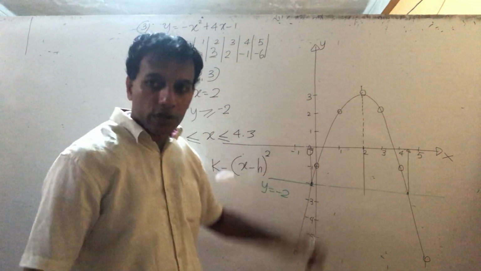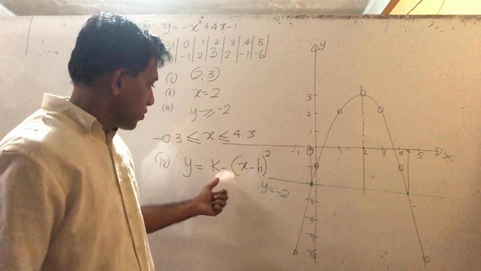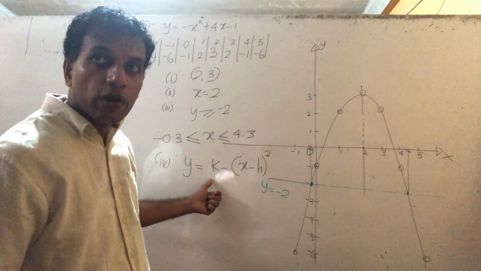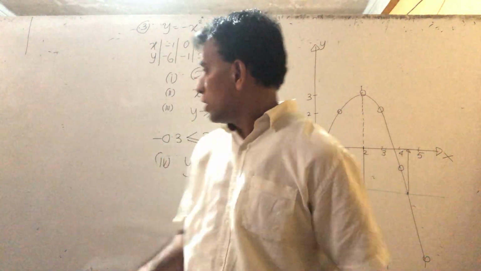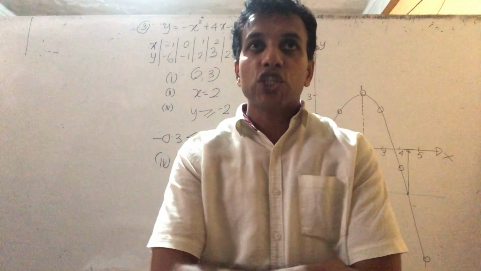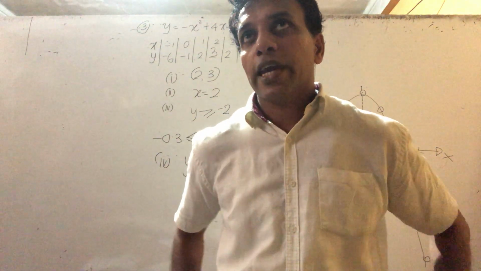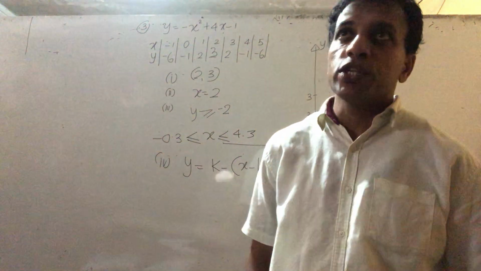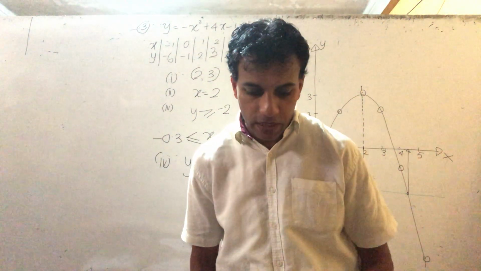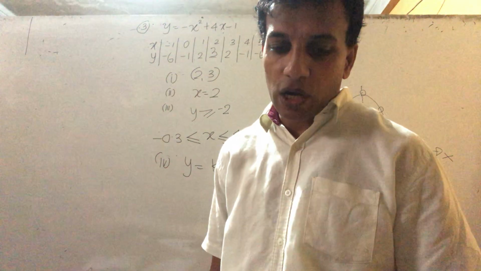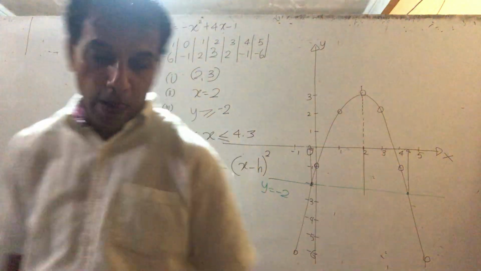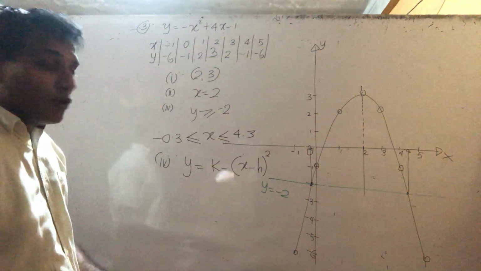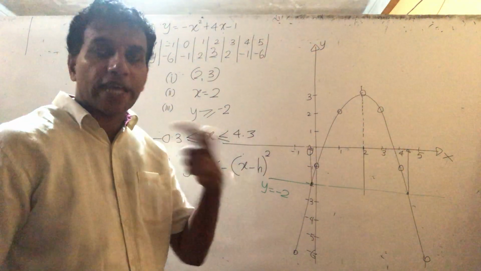And h, so I did not complete the problem, I think. Write the equation of the above graph in the form of this, where k and h are constants to be determined. That means we have to calculate what k is and what h is.